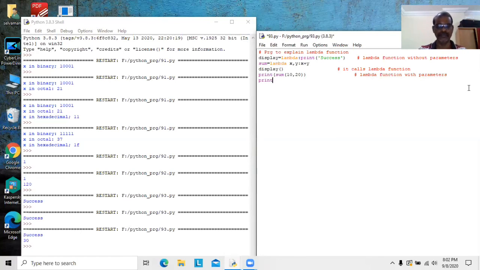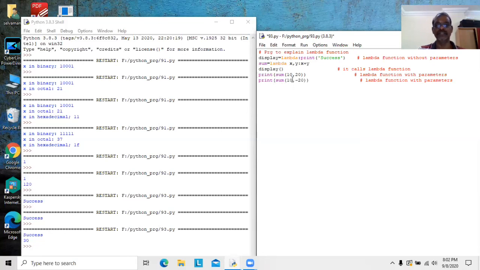Similarly, we can give a negative value: print of sum of 10 comma minus 20. This is also a lambda function with parameters. This sum of 10 comma minus 20 calls this lambda function.